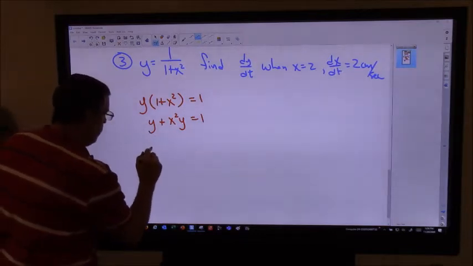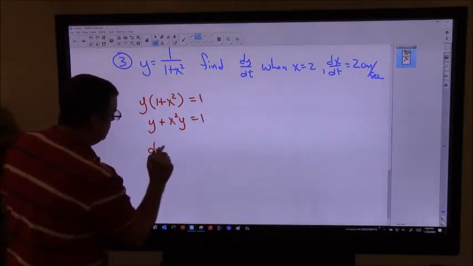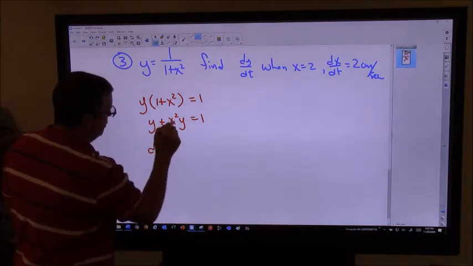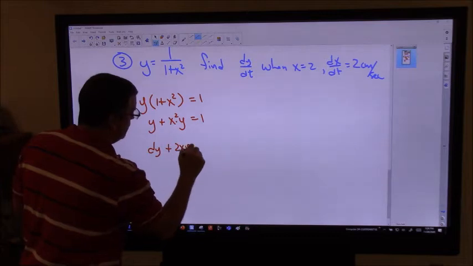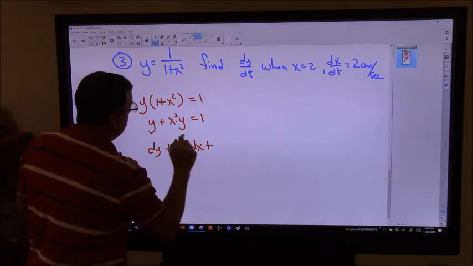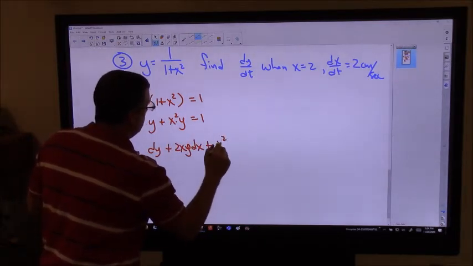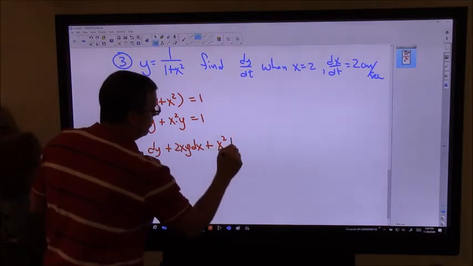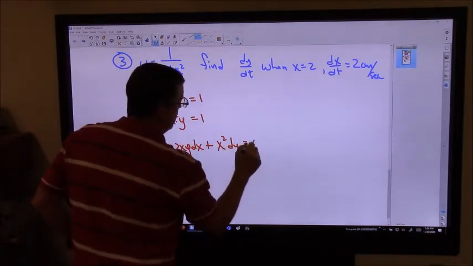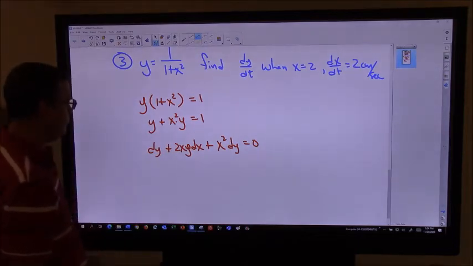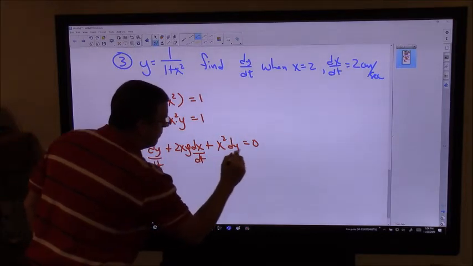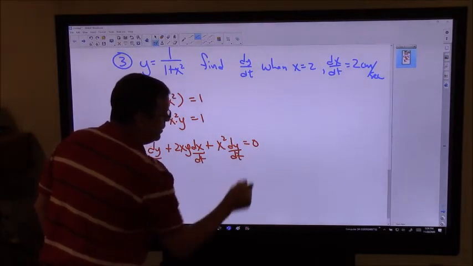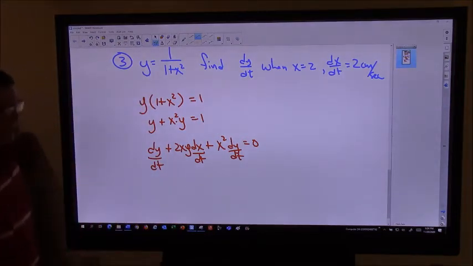So derivative of that would be 1, and I just took the derivative of y, plus, I do a product rule, so that would be 2x times y, just took the derivative of x, plus x squared, derivative that's 1, just took the derivative of y, and that equals 0. Divide everything by dt. Divide this by dt, I still get 0. And now we're ready to plug numbers in.